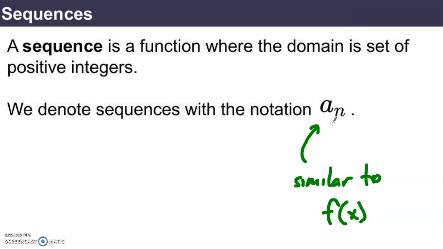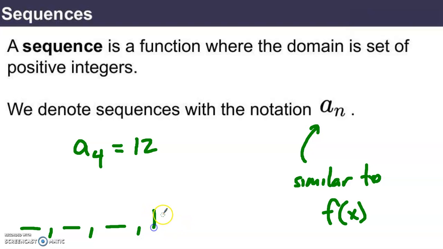So if I have a sequence, and I said that a sub 4 was 12, then what I'd be telling you is that the fourth term in that sequence, 1, 2, 3, 4, is 12, and so forth.